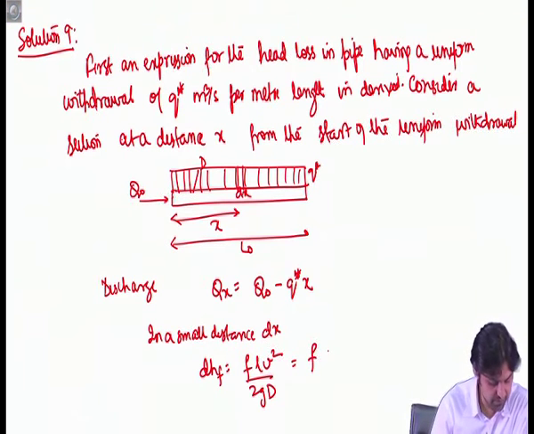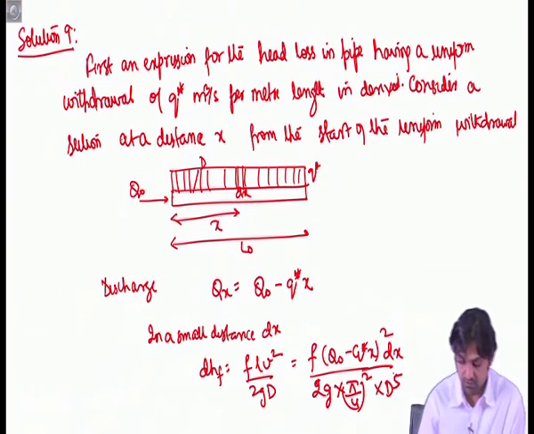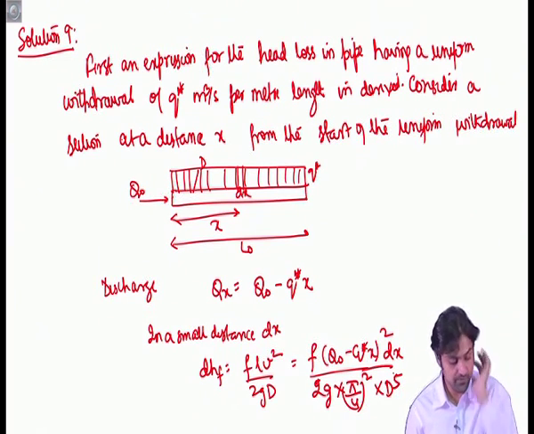So we can write f into (Q naught minus Q star x) whole square over 2g into (pi by 4) whole square into d to the power 5.